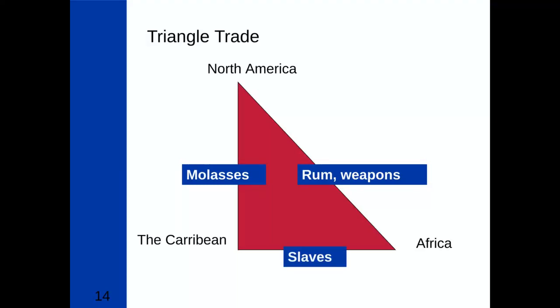And this meant the transfer of rum and weapons to Africa in return for slaves, and then the slaves were brought to the Caribbean, and then the whole process started all over again. Often we use Europe rather than North America because these manufactured goods were being traded from Europe. The Europeans were mainly the ones who were initially bringing the slaves to the Americas.